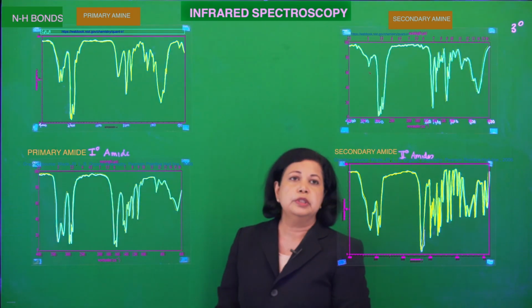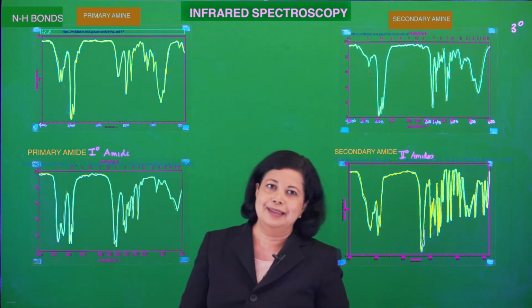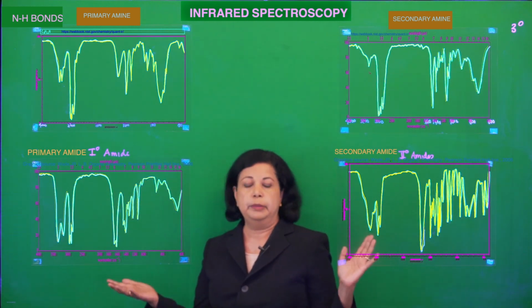They're all NH bonds, but there are lots of subtle differences and maybe some obvious differences. And let's look at how you can differentiate between amines and amides.